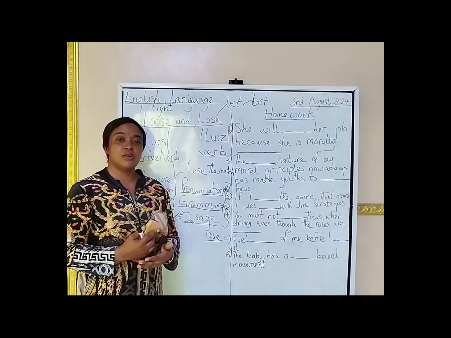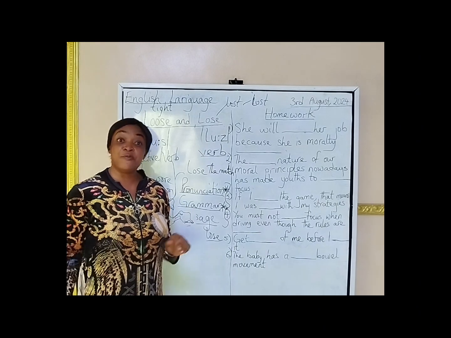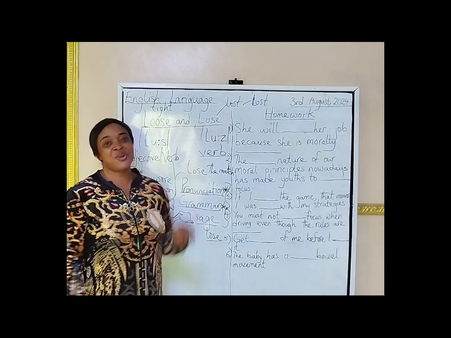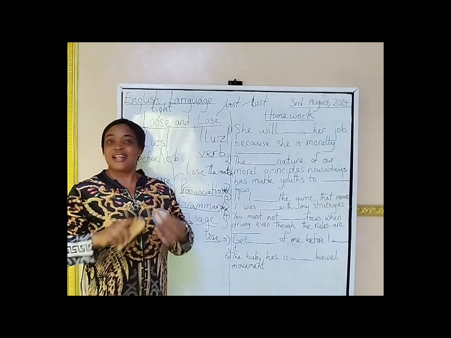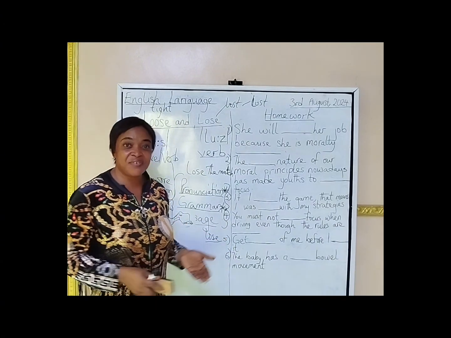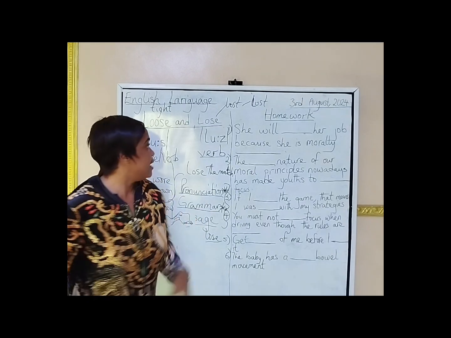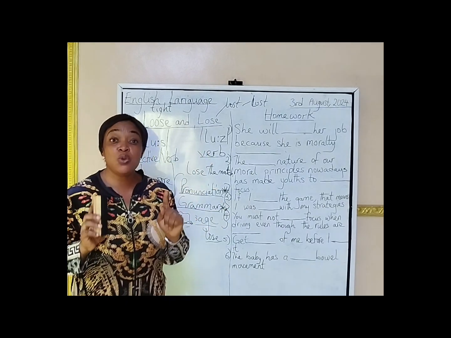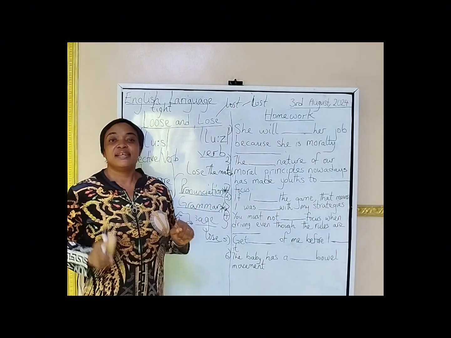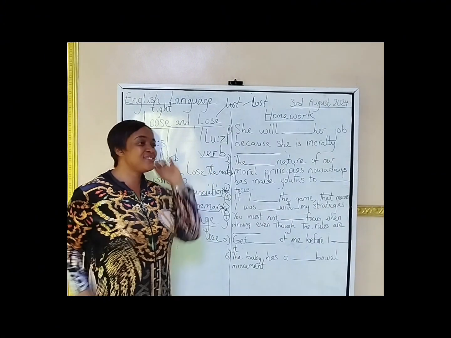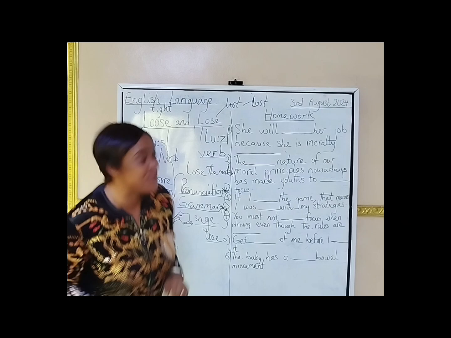When talking about a verb, remember that a verb is an action word or a doing word. Don't forget that loose can be used as an adjective as well as a verb, while lose has only one word class. Don't forget when I taught you word class, verb. If you've not watched that video, please go back and get it.